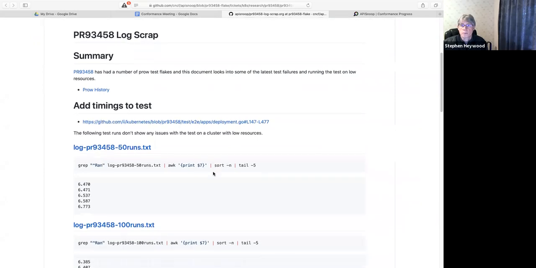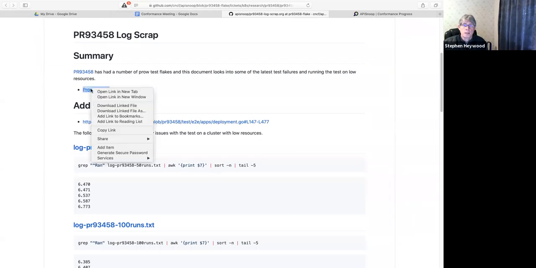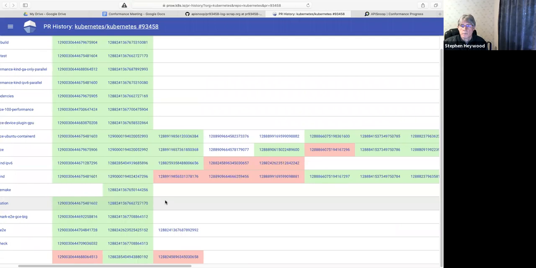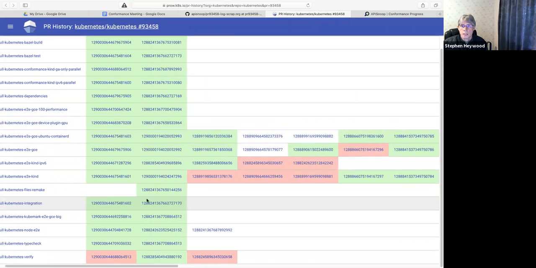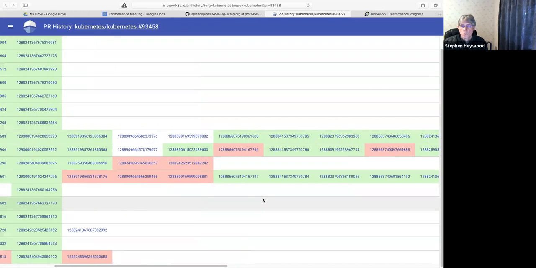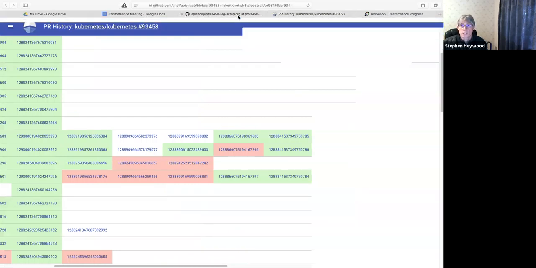Yeah, so the problem was that if you go to the Prow history, there are 3 flakes that Liggett had asked for a review of what was happening, and I tried to use the Prow jobs resources as a guide to create a separate cluster for going through a number of test runs.